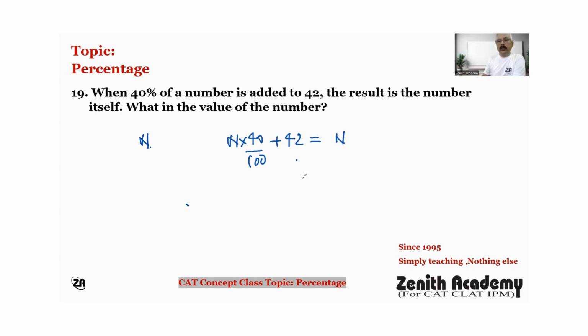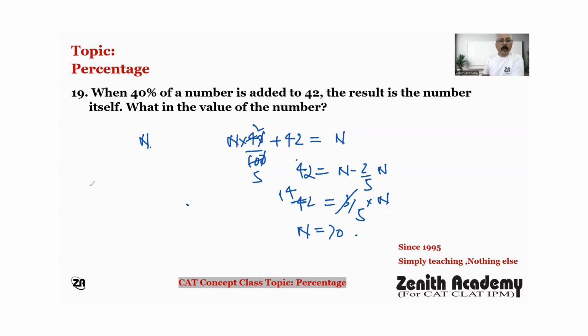So 42 is equal to n minus 2 by 5 of n, is 3 by 5 of n is equal to 42. n is equal to 14 into 5, 70.